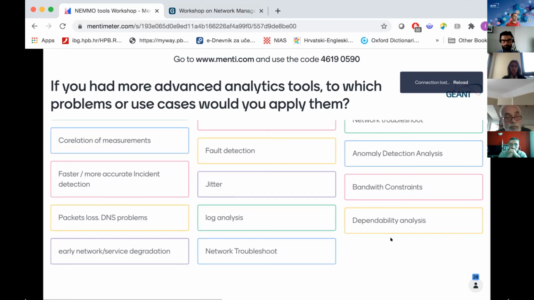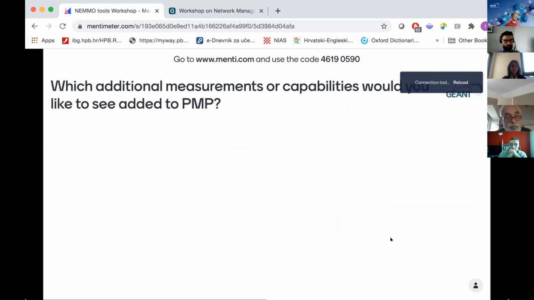Okay, let's move to the next question. So we mentioned the measurements that we currently have in PnP. Are there some additional measurements or some additional capabilities that you would like to see available via the performance measurement platform and that you would either like us to add, or that you would maybe like to add yourself, with or without our help?